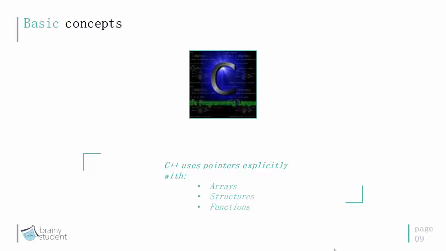An array is a collection of similar data types, but we can have a large size also; the size will depend on which size of array we need. A structure is a user-defined data type that contains many data types. A function is a self-contained block of statements which is specifically designed to do a particular task. So in the major concepts of C++, we are using pointers.